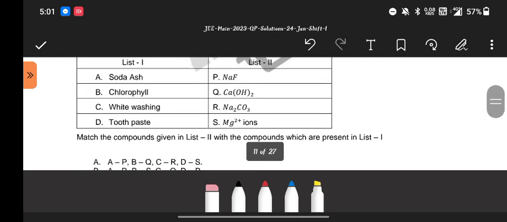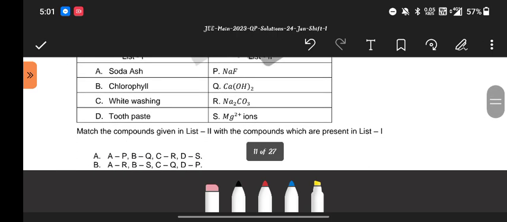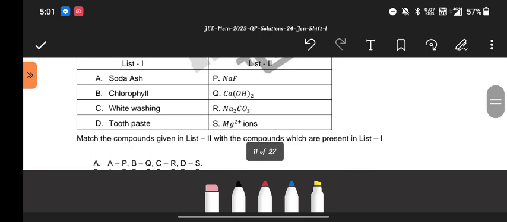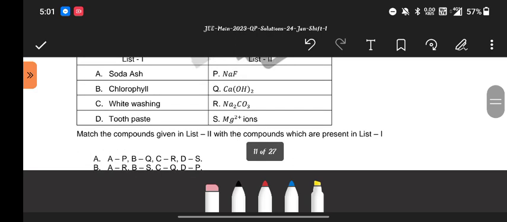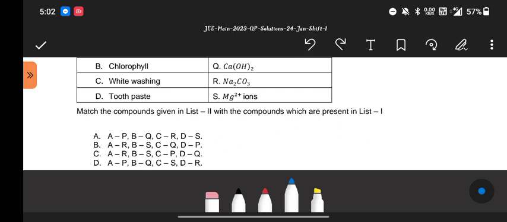So the correct answer is option B: soda ash to Na2CO3, chlorophyll to Mg2 plus ion, whitewashing to CaOH2, and toothpaste to NaF. Option B is the correct answer for this question.